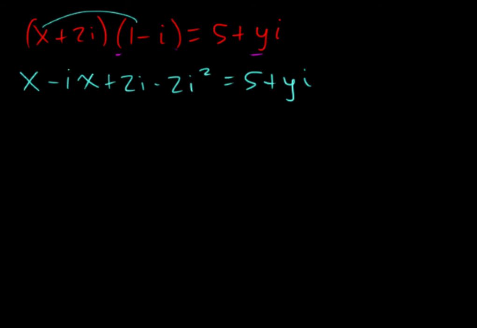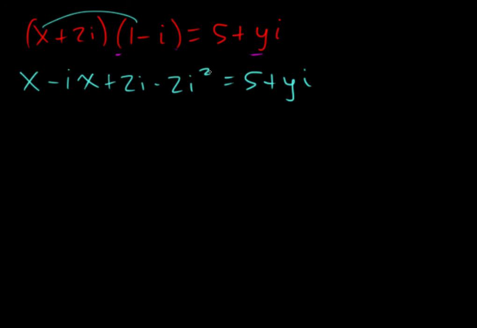Alright, I think this is looking a little bit better. Now, what we're going to do is treat it like it's one term. So we're basically going to take the i terms and group them together and the non-i terms and group them together.